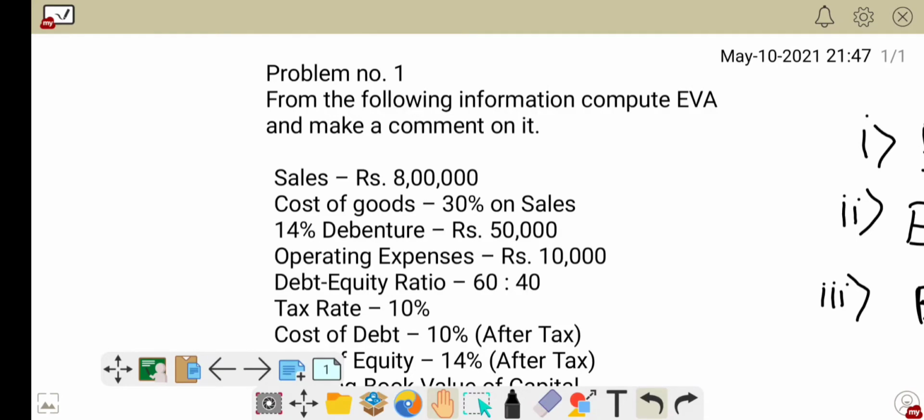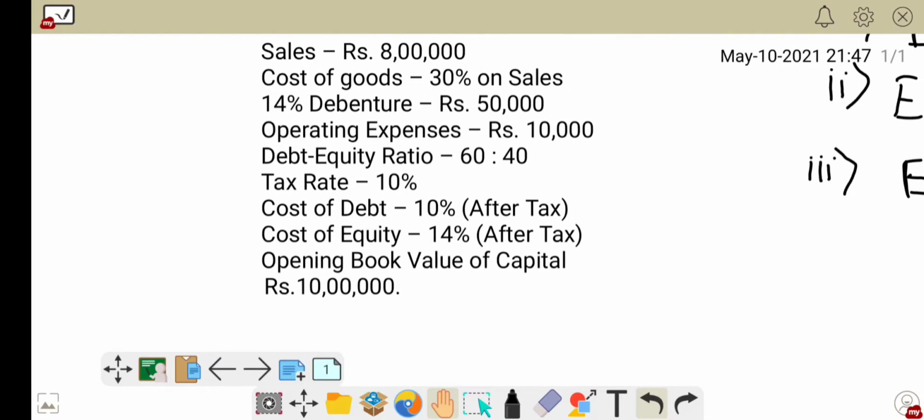Sales are rupees 8 lakh, cost of goods sold is 30% on sales, 14% debenture is rupees 50,000, operating expenses are rupees 10,000, debt equity ratio is 60:40, tax rate is 10%, cost of debt is 10% after tax, and cost of equity is 14% after tax.